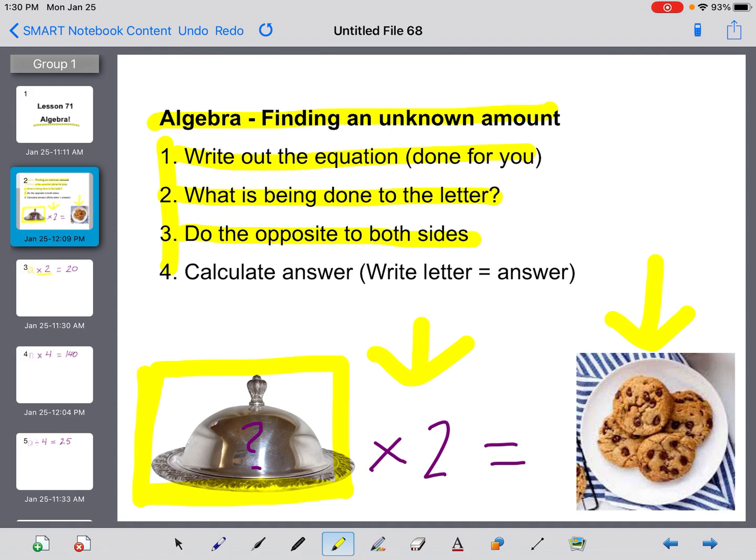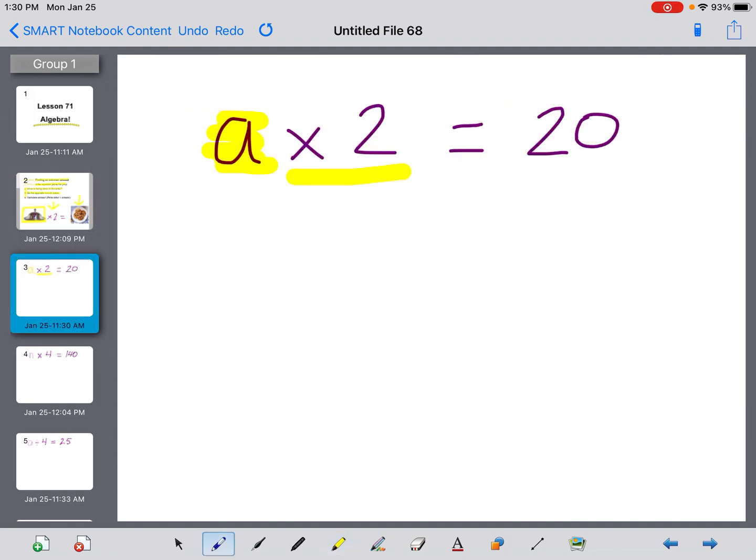Once you know that, you have to do the opposite thing to both sides of the equation. So what I'm going to do is rewrite my a times 2. So the a is being multiplied by 2. Now what I have to do is do the opposite of multiplying by 2, which is dividing by 2.